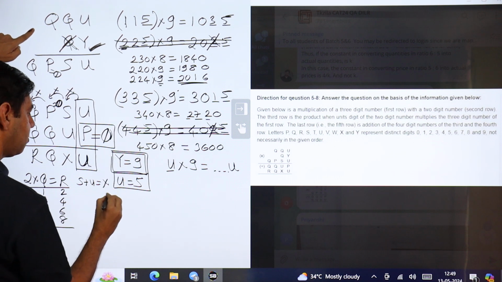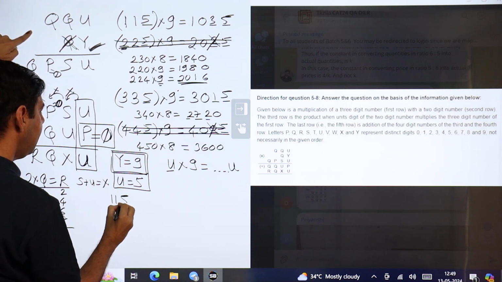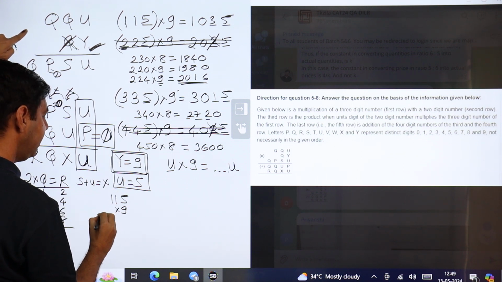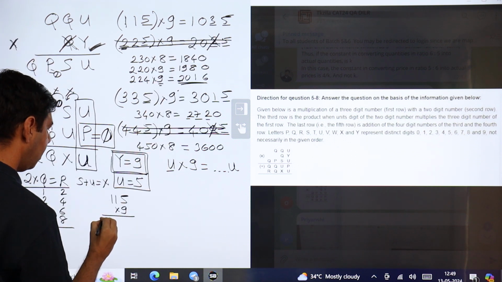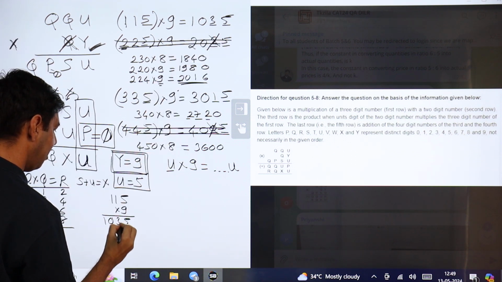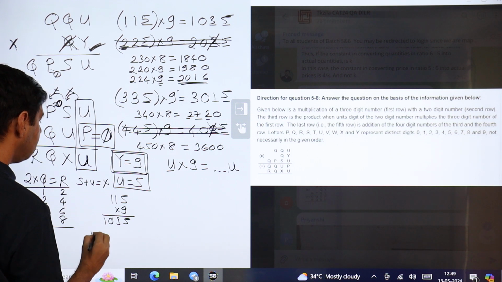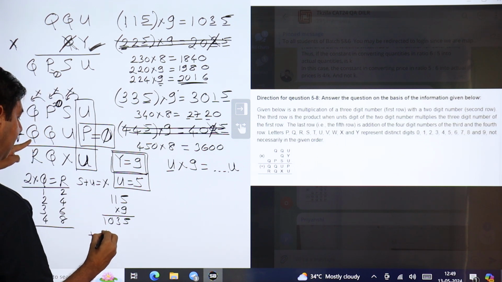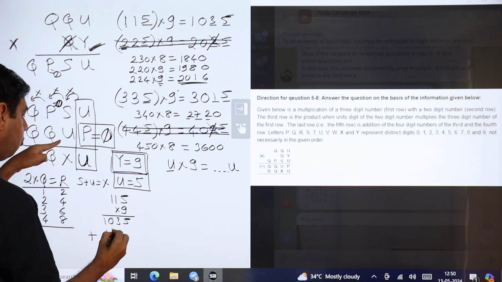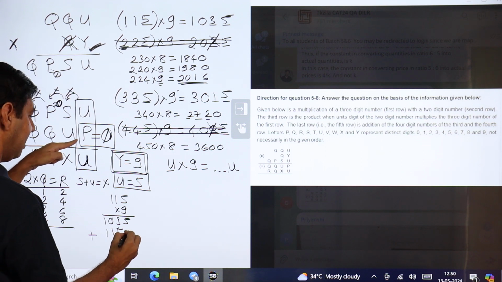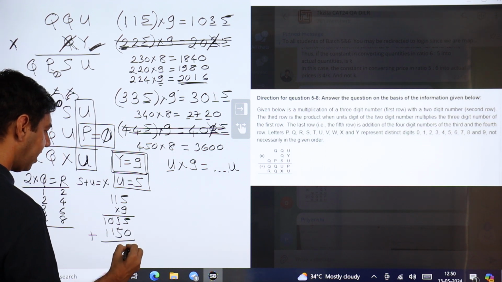So let me take the first one. 115 multiplied with 9 gives me, I've already calculated, 1035. Okay, and 1035 plus, q, u is 5, p is 0. Okay, what I get is a 5 and an 8.